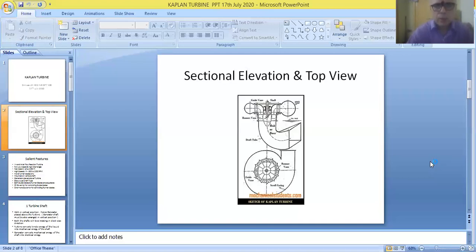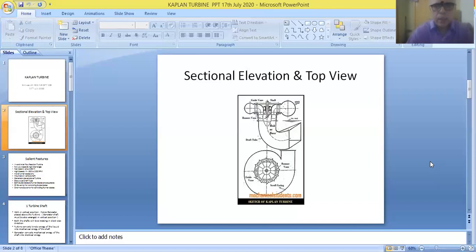This difference between the inlet and outlet pressures of the runner is called reaction pressure. This reaction pressure is very essential for operating the turbine. So therefore, it is called a reaction turbine.